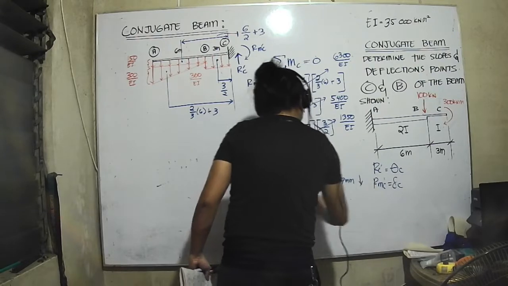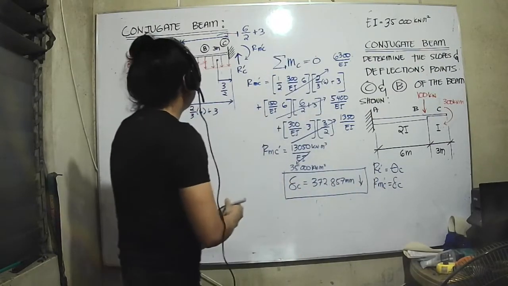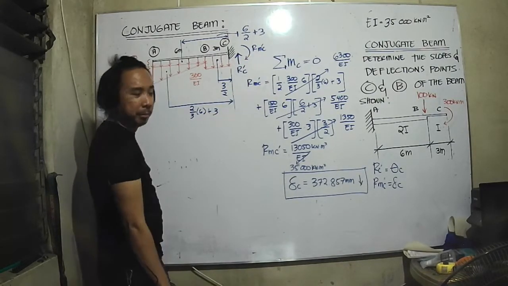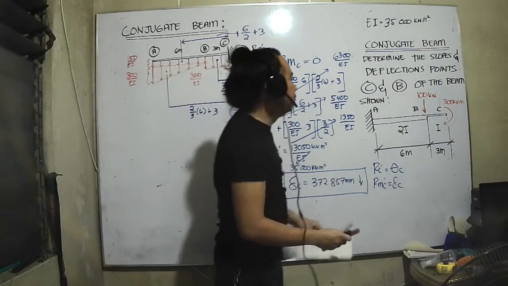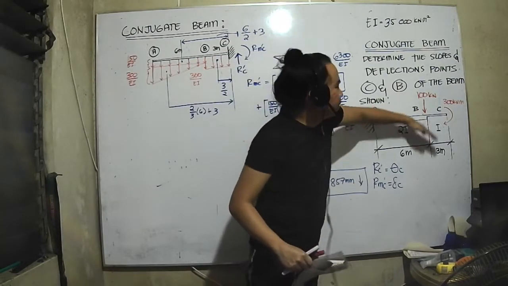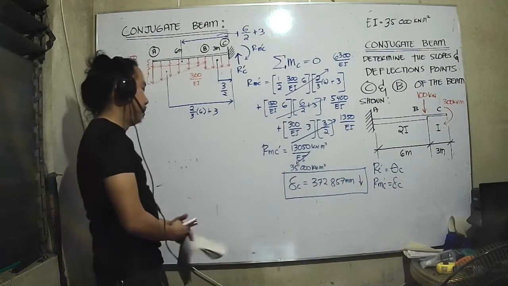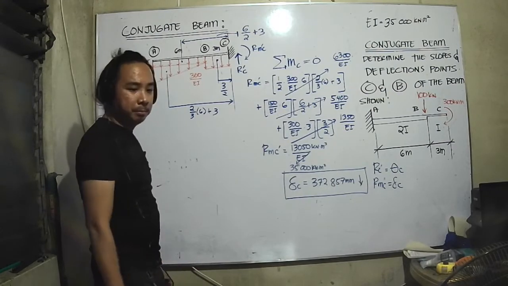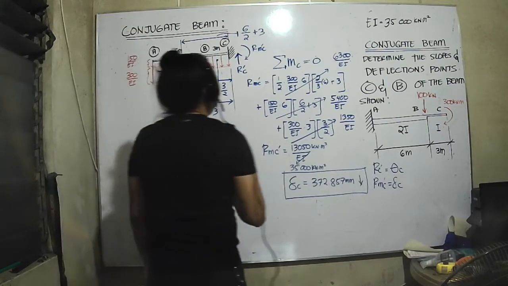Looking at the direction of the moment, it also makes sense. So that is how to solve for the deflection at C of this cantilever beam.